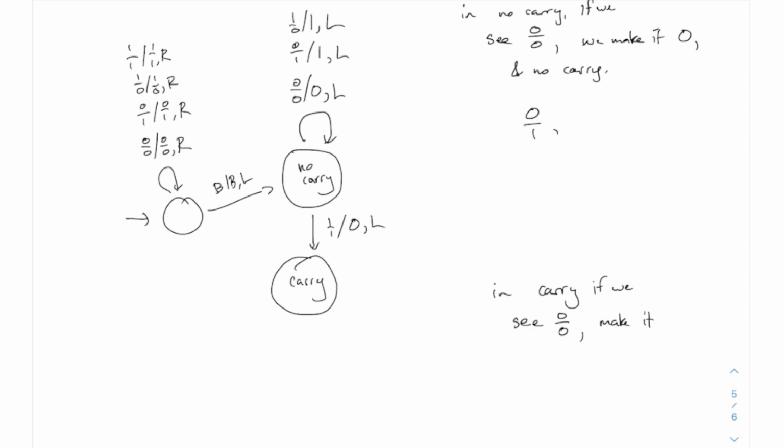What should the answer be there? If we have an old carry and the digits I see are 0 and 0, then the answer should be 1. And we should not carry into the next digit. So you make it 1 and then no carry. So this is an arrow going back here, 0, 0, 1, L. Oops, like that. Back to the no carry.